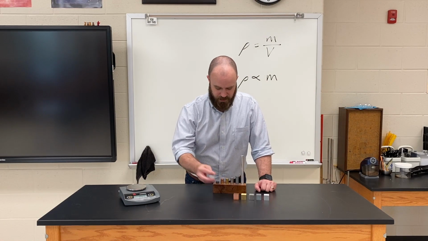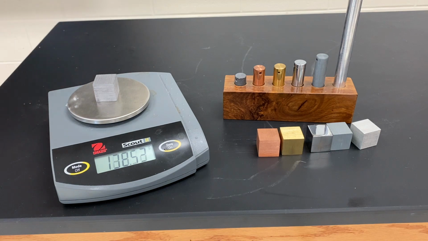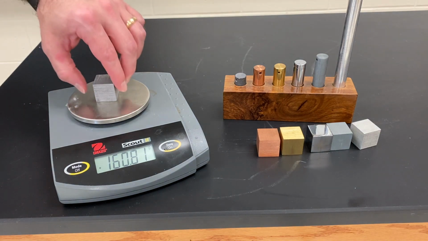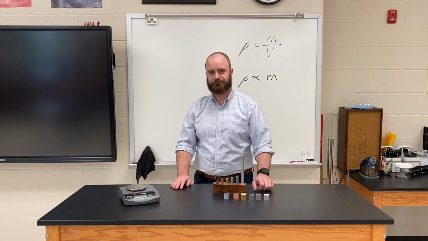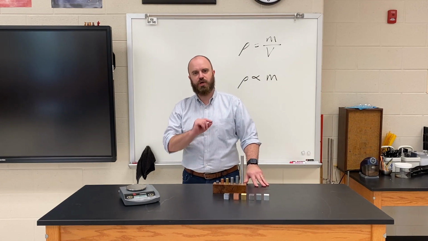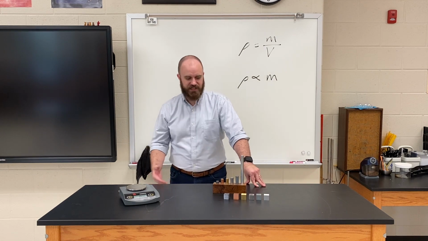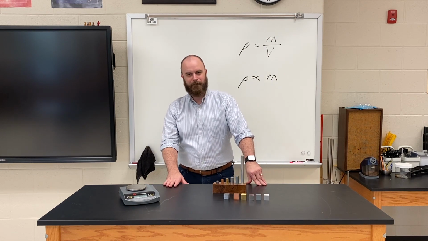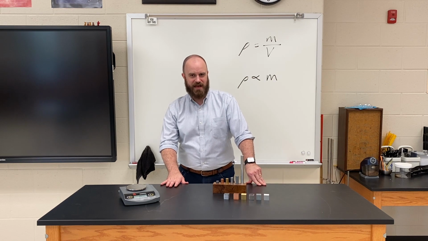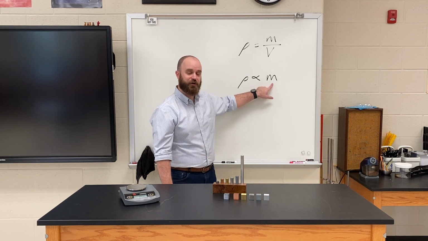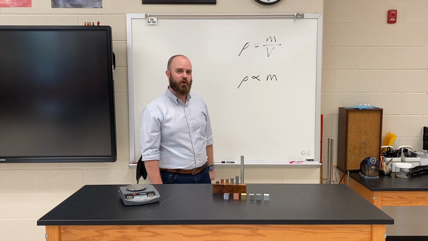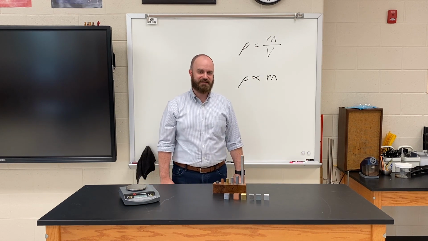And then finally, lead, coming in at approximately 161 grams. So use those numbers to calculate the density. What you see is the order I gave you is the order of increasing mass, which means if it's the order of increasing mass, it's also the order of increasing density.